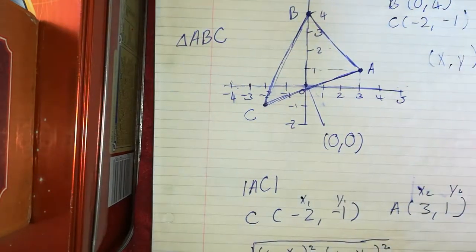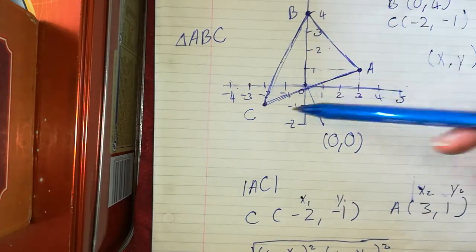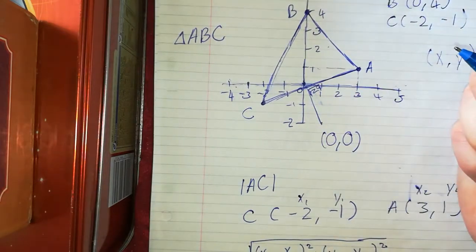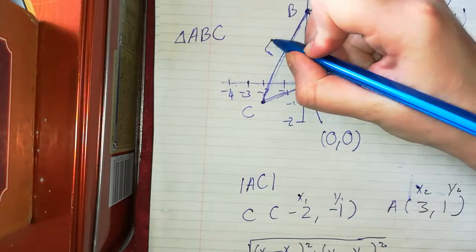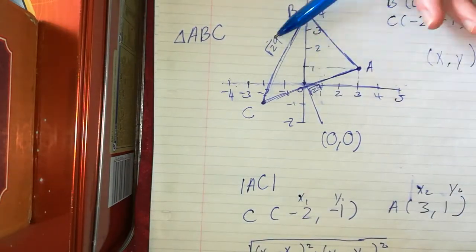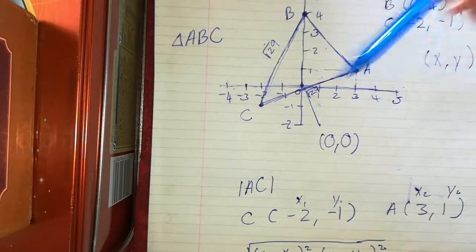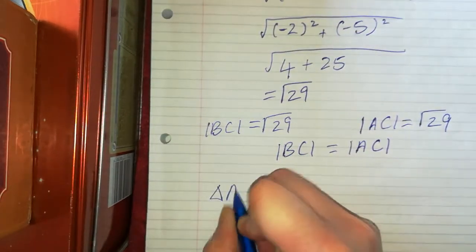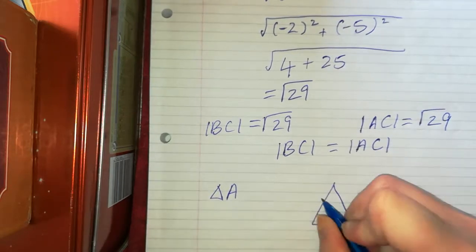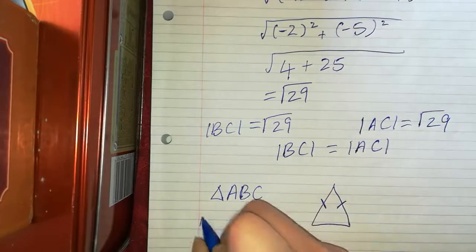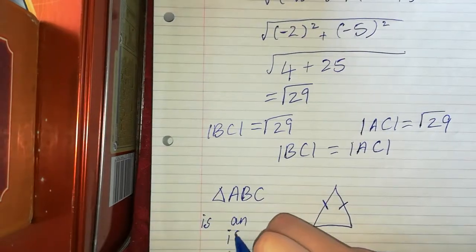We got the length of AC, this length here, was the square root of 29, and we also showed that BC was the square root of 29. So when we have a triangle that has two sides the same, we can say it's an isosceles triangle.